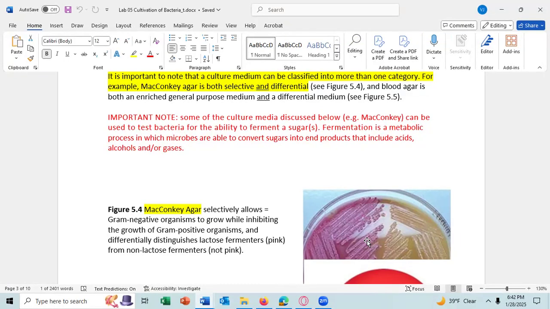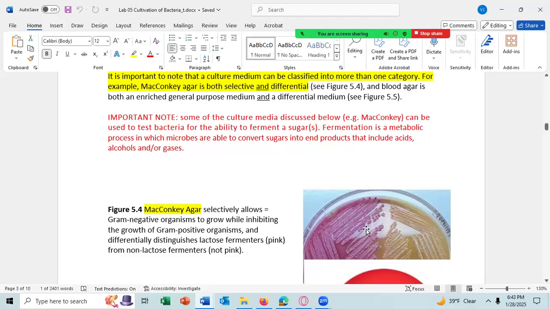So it is selective. It's also differential on the ability of the species to ferment the sugar lactose. If the bacteria can ferment lactose, it will change the pH because lactose fermentation will produce acidic products, changing the color of the plate to this dark pink or purple color.